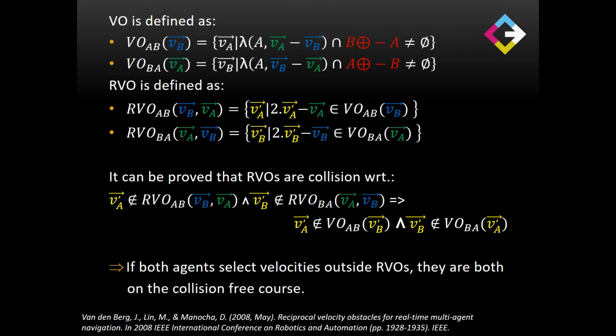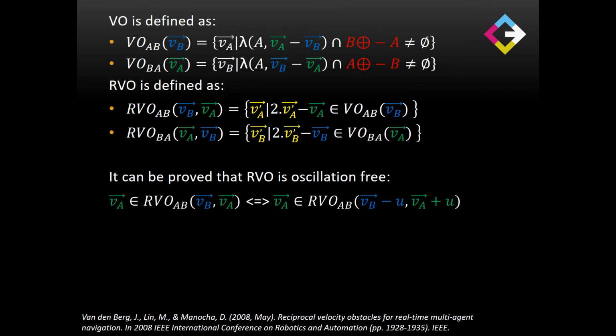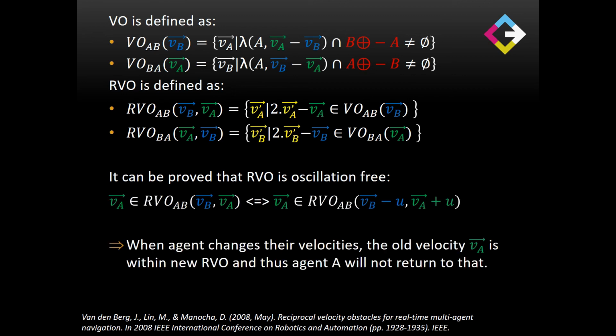And it can be proved that if both agents commit to this strategy, the result will be collision-free, while also oscillation-free. This particular theorem states that when agents change their velocities, the old velocity VA is within new RVO, and thus agent A will not return to that again, assuming both agents will do the same.